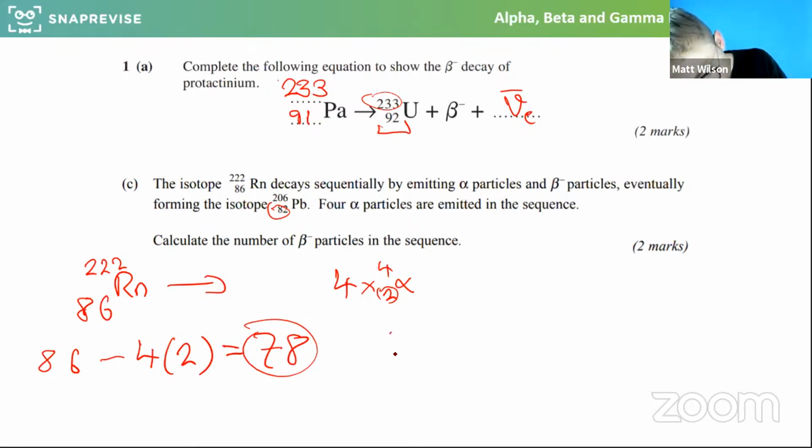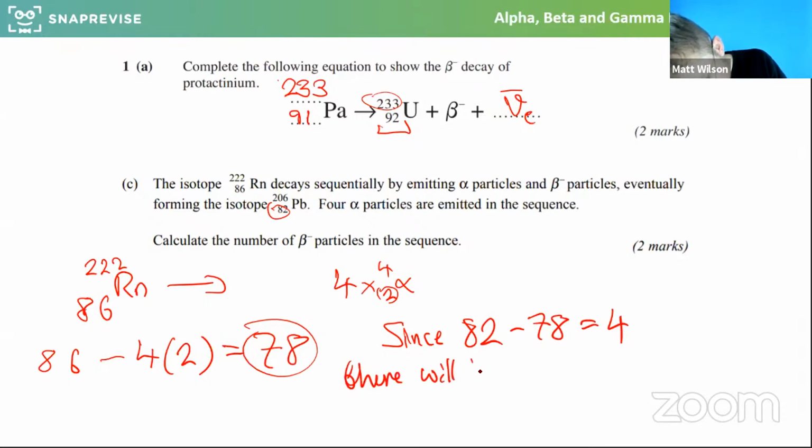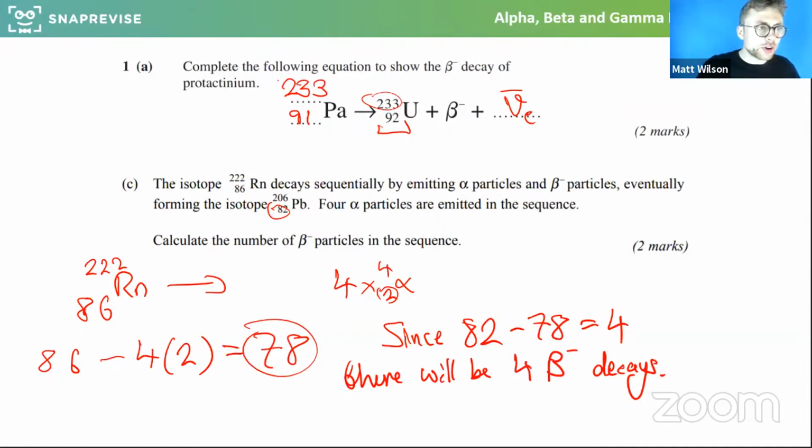So since 82 minus 78 equals 4, there will be 4 beta minus decays. Great. 4, absolutely right. Really nice.